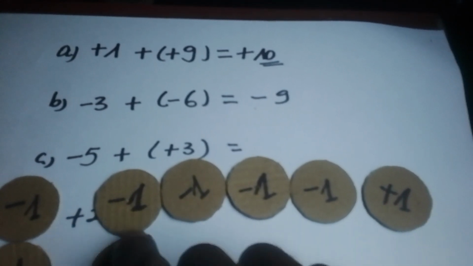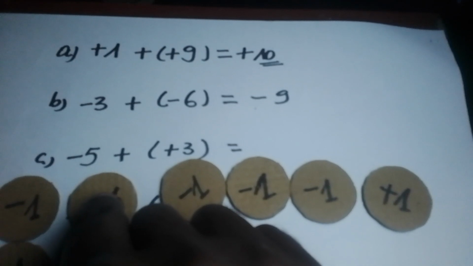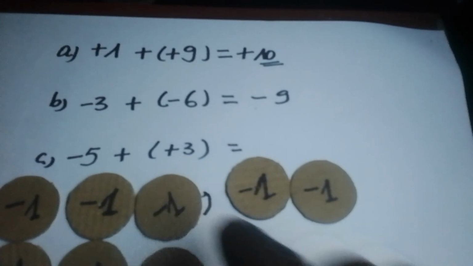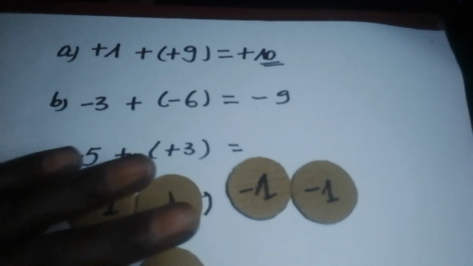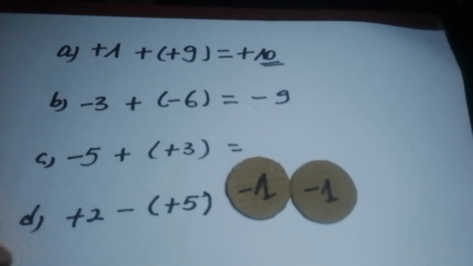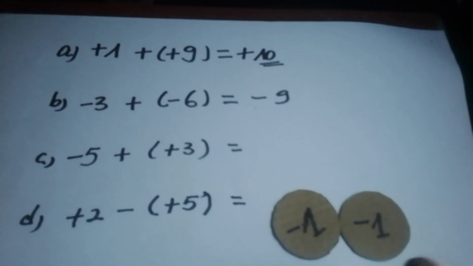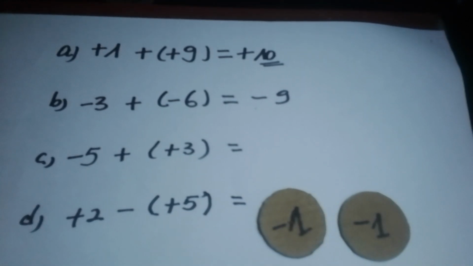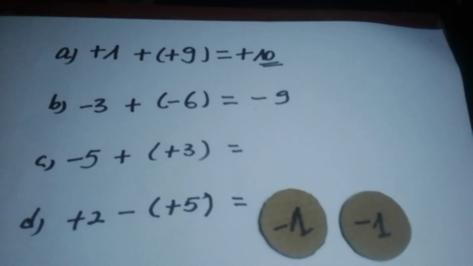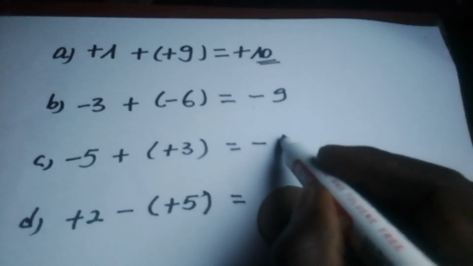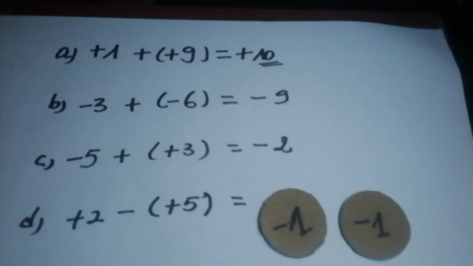That means all of these counters have formed 0 pairs. Now I am left with only 2 counters with negative value. So the answer here is negative 2.